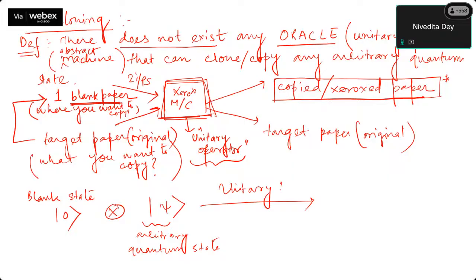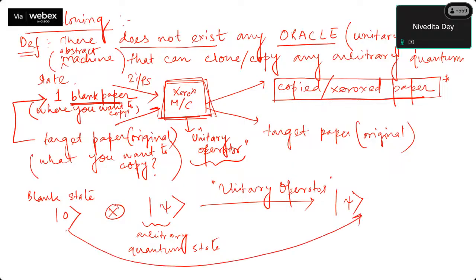Now suppose I assume that this unitary operator exists, so we'll try to contradict the theory. This will result in ket psi, ket psi. That is, the blank will now have this state information, and the original psi will also be there. So we are saying that there is a unitary operator U that does this.